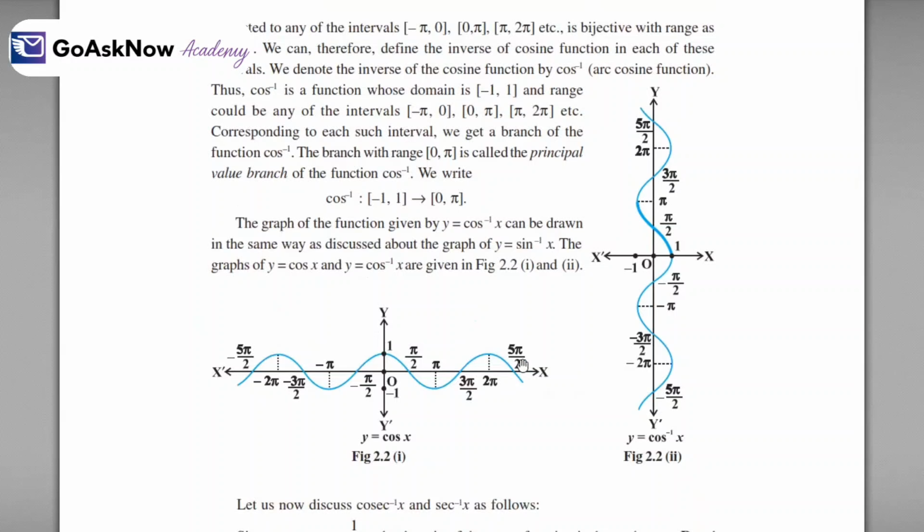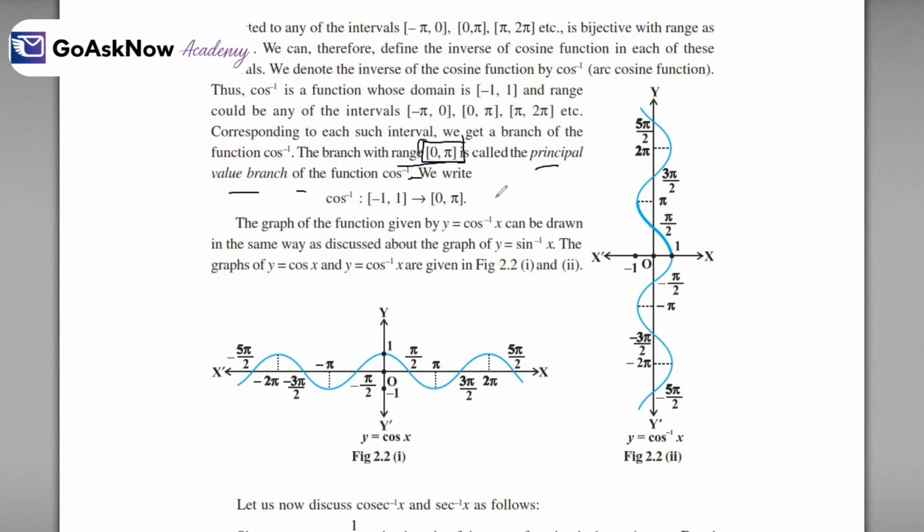The branch with range 0 to pi is called the principal value branch. I've already told you that sine has the principal value branch minus pi by 2 to pi by 2. Similar to that, the principal branch of your cosine function is 0 to pi. Remember that the principal value branch of cos inverse is 0 to pi.